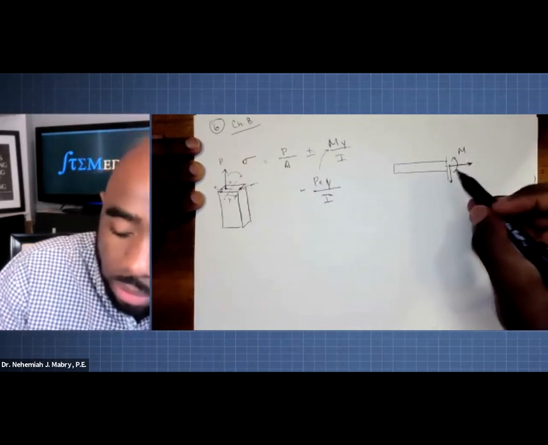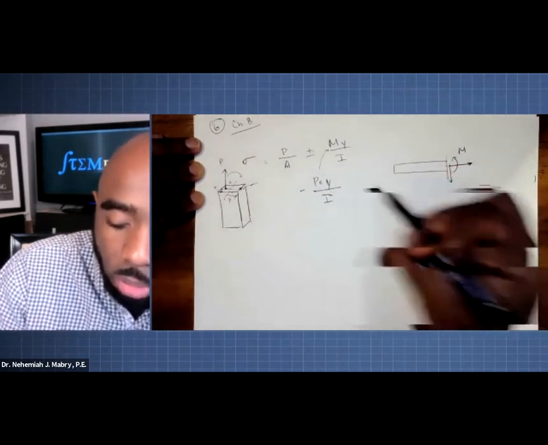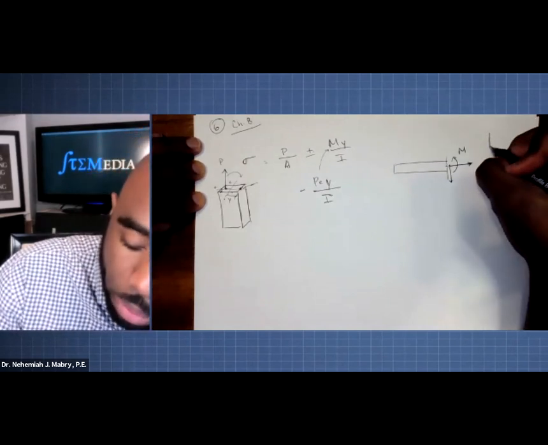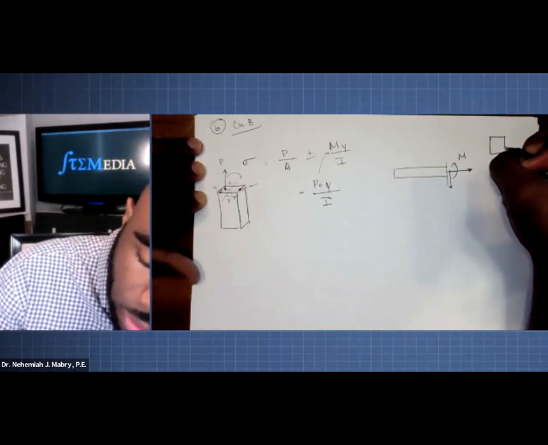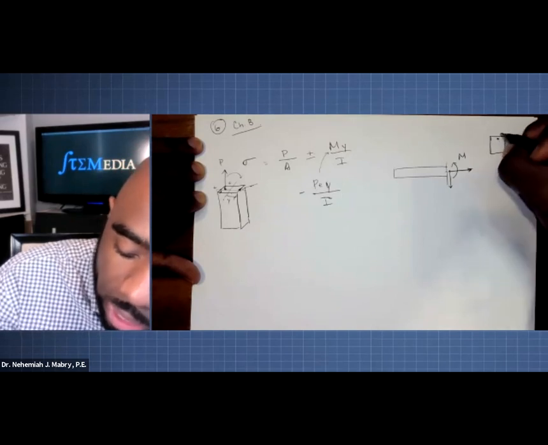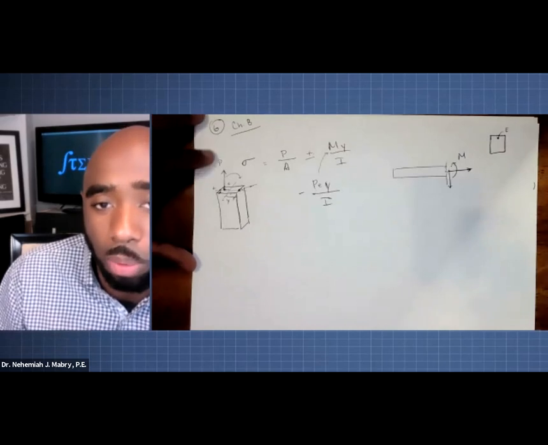Well, you're also going to have a term where this moment is really just the internal moment at that particular cut. And I believe the problem gave you the cross section here, just to give you an idea of, okay, we want you to find it at that location. I think that was one of the homework problems.